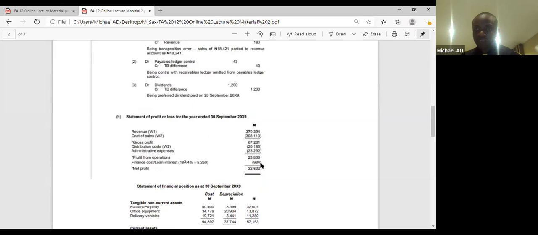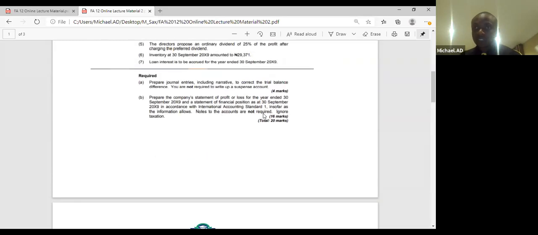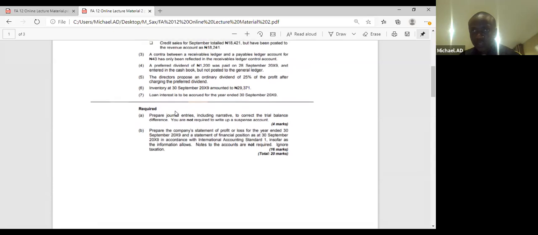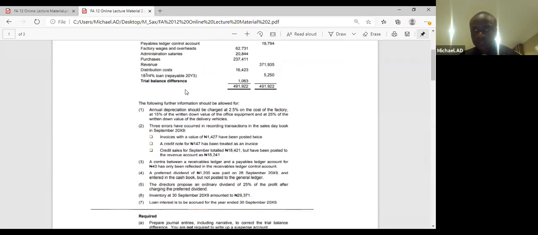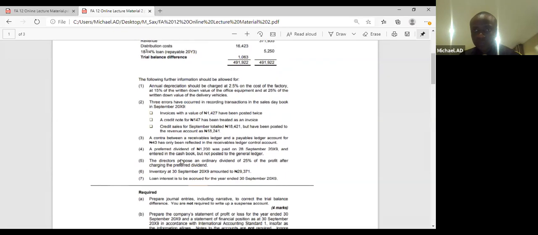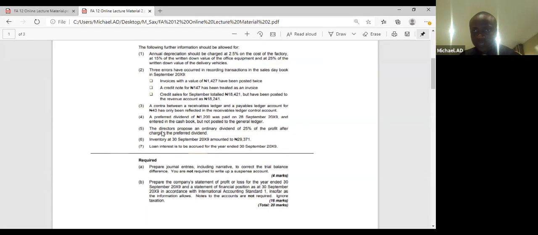The finance cost. Because remember, what does your question say? The question says that we should accrue notes payable.